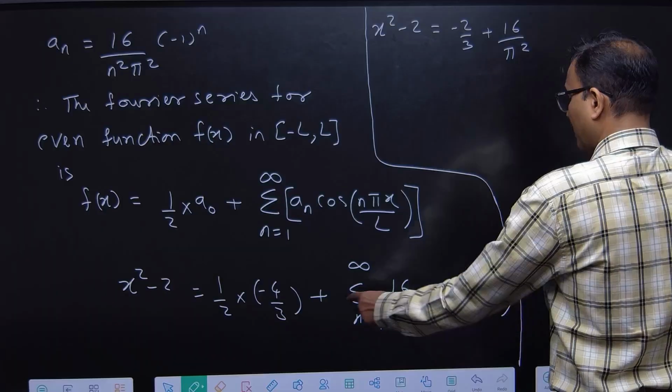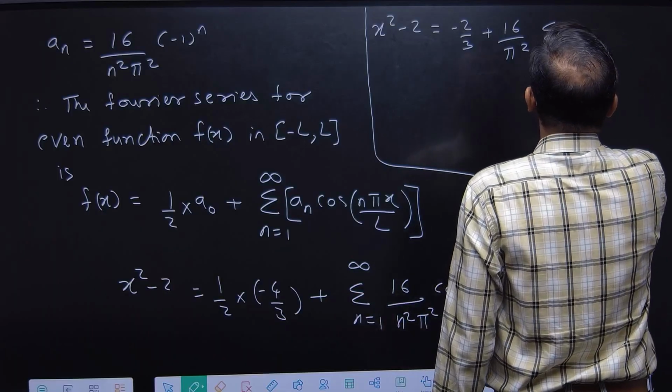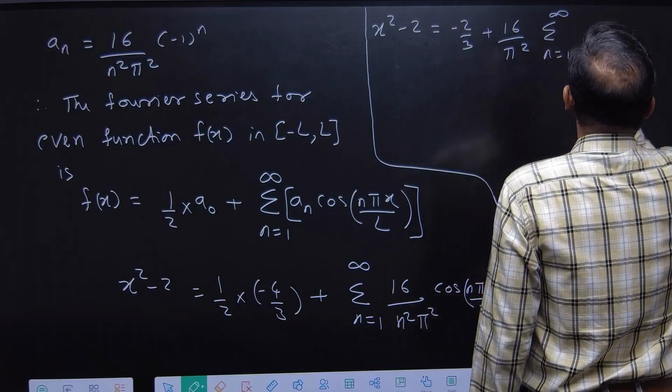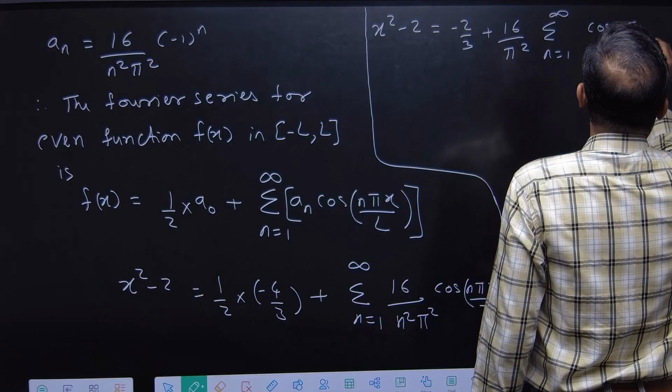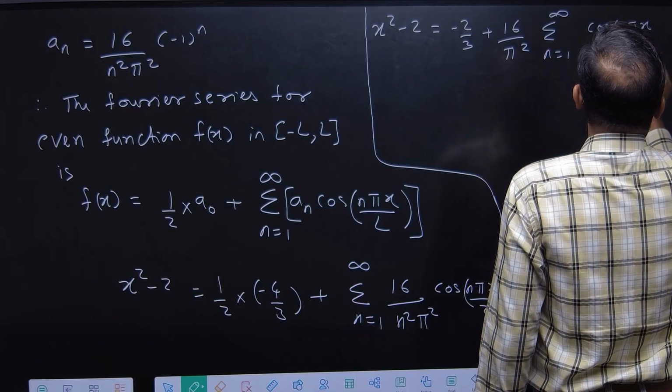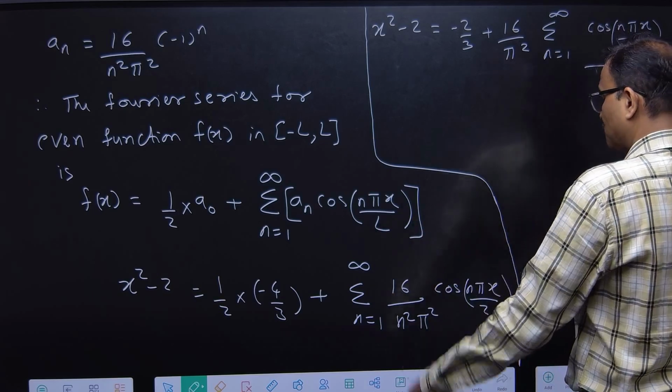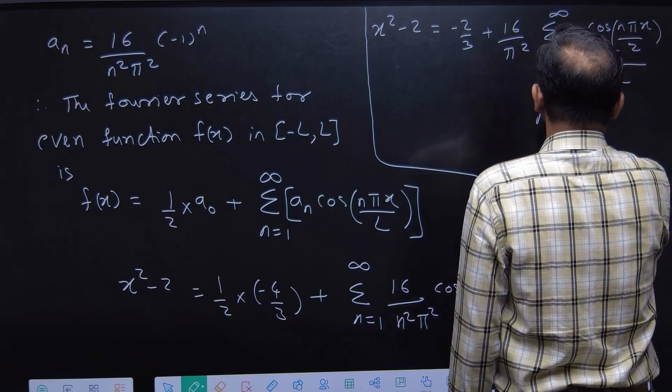This 16 upon pi square constant can be taken outside summation. Summation n is 1 to infinity cos of n pi x upon 2 divided by n square. We cannot take that n square term outside summation.